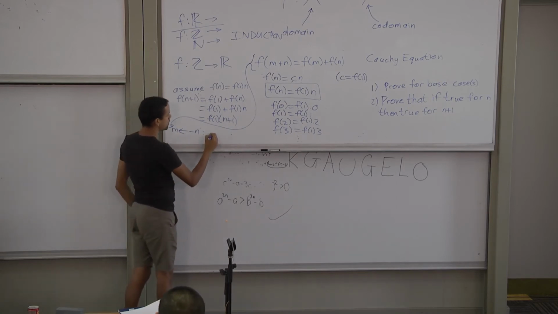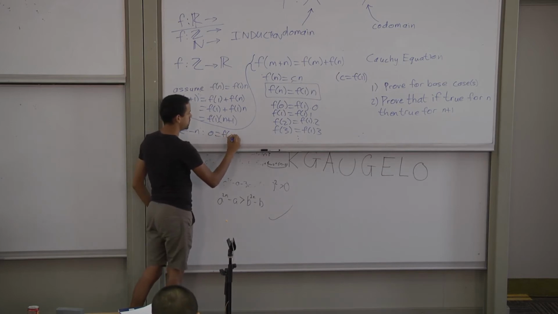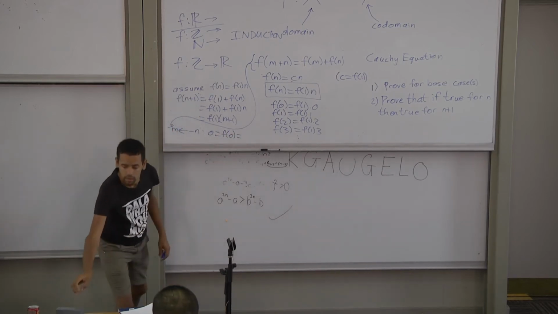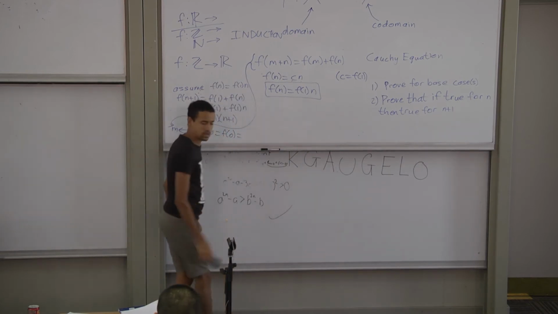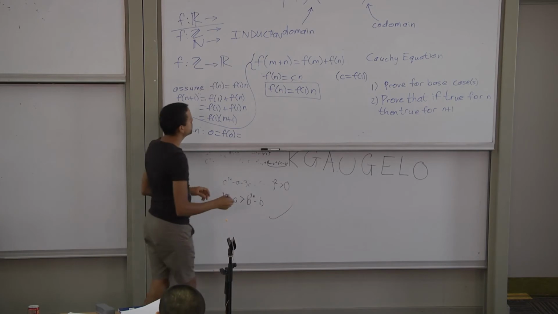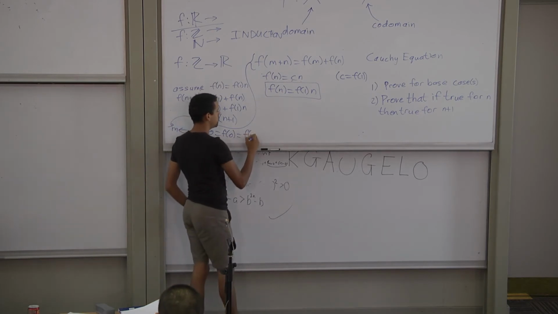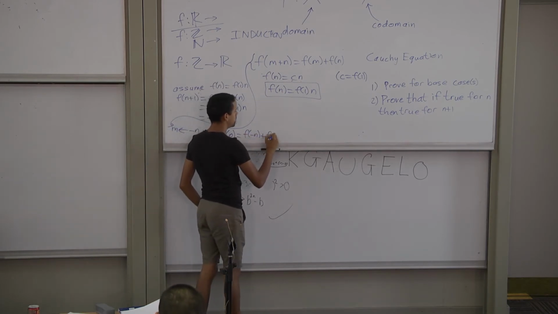So what we would get is 0, which is f of 0, would be equal to f of negative n plus f of n.